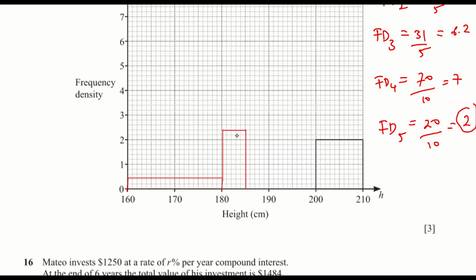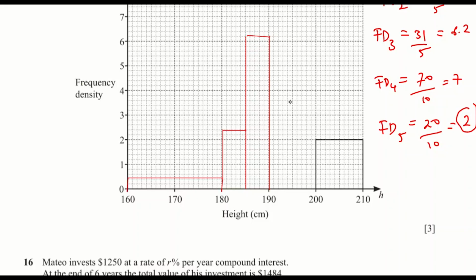The next one will be 185 to 190, and the frequency density is 6.2. So I can take this up to 6.2 like this. Perfect. Then we need to extend this one. Then let's close the gap here.